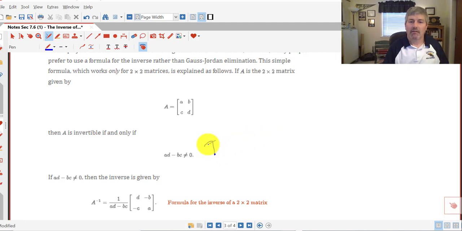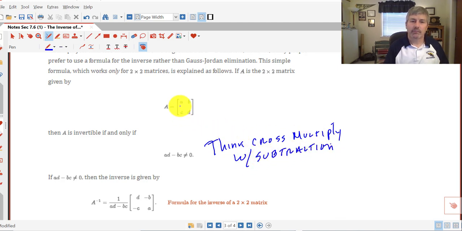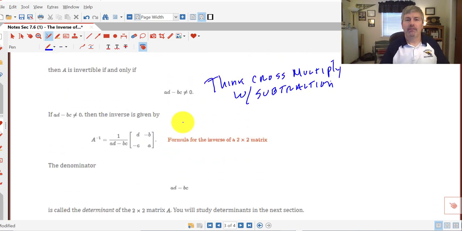So what I think of here is, think cross-multiplying within your matrix. Think cross-multiply with subtraction. Multiply on our diagonals. A times D minus C times B. And it can't equal 0, then we know we'll have an inverse. And there's a formula that gives us the inverse. So the inverse is 1 over A times D minus B times C, this particular value here.